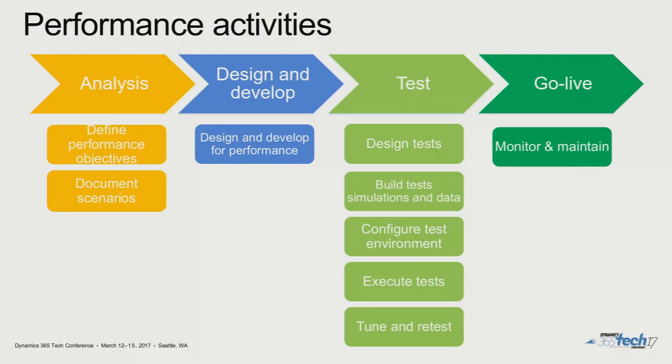So from a performance point of view, really the point in which we should start thinking about performance goals, and what we are looking to achieve through our performance testing and validation should start in the very beginning of the project in your analysis phase. And part of that is defining what the goals are, not only from a business process perspective or response time point of view, but also from just a measurable success for some of your perhaps batch processing and so on.